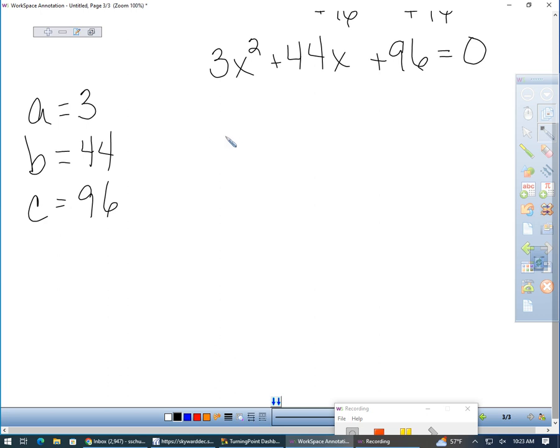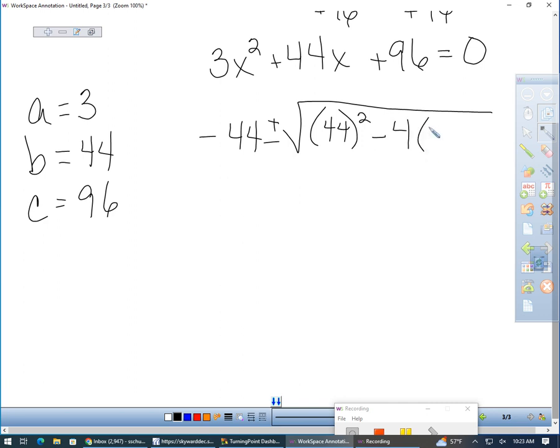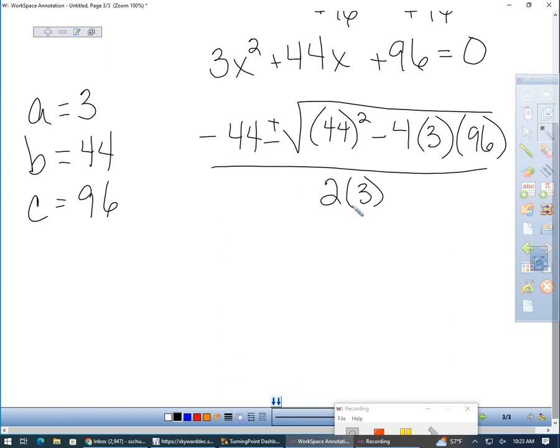All right, so I have negative B plus and minus the square root of b squared minus 4 times a times c all over 2a. 784.